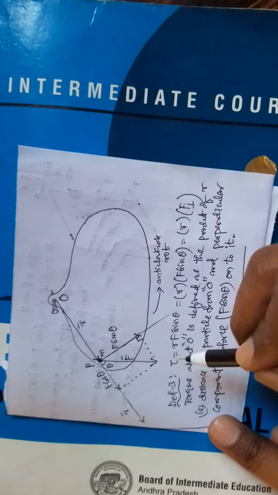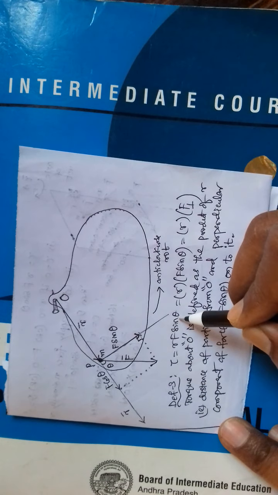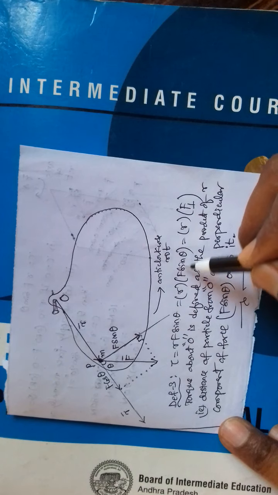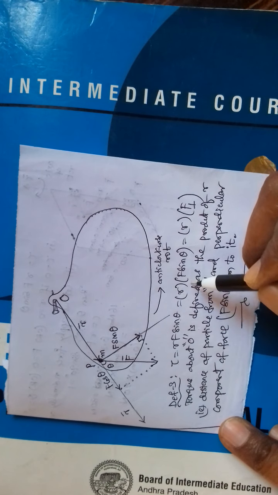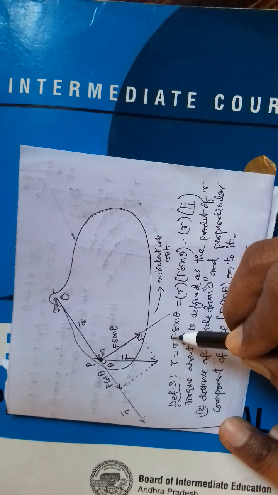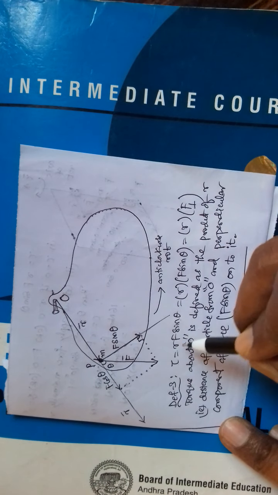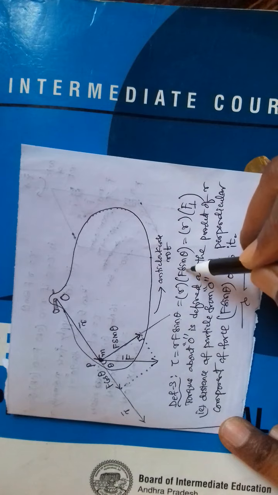Now torque is given by tau is equal to R F sin theta. Now you write R first and F sin theta afterwards. Previously you wrote F first, R sin theta next. So force into perpendicular distance you wrote there. Now you write R first, next F sin theta.